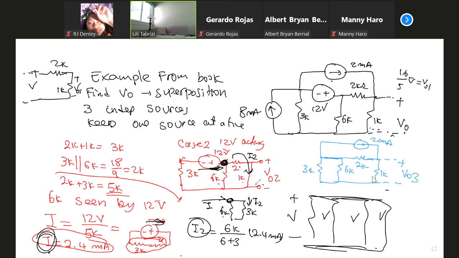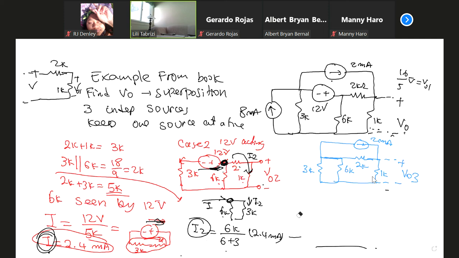If I have I2, what is VO2? Ohm's law, 1K. VO2 is equal to 1K times I2, so it's 1K times 6 divided by 9, multiplied by 2.4 milliamp.